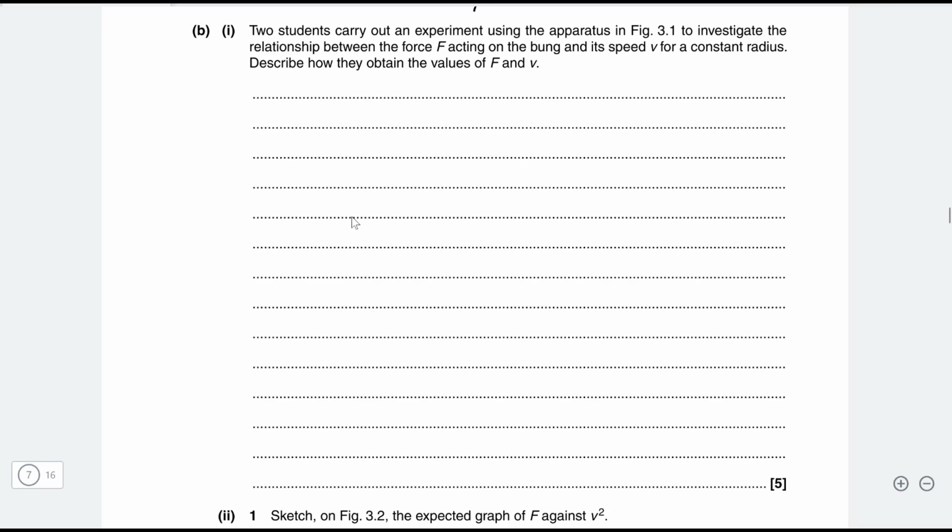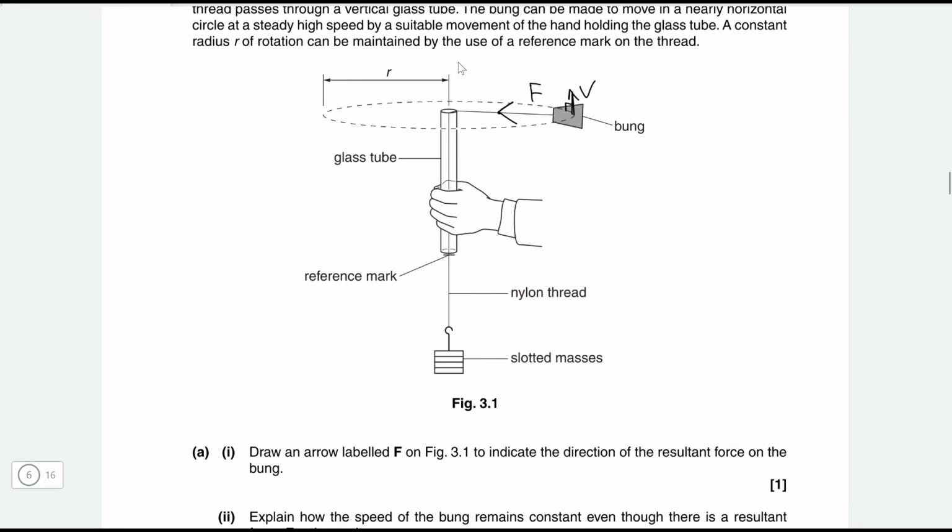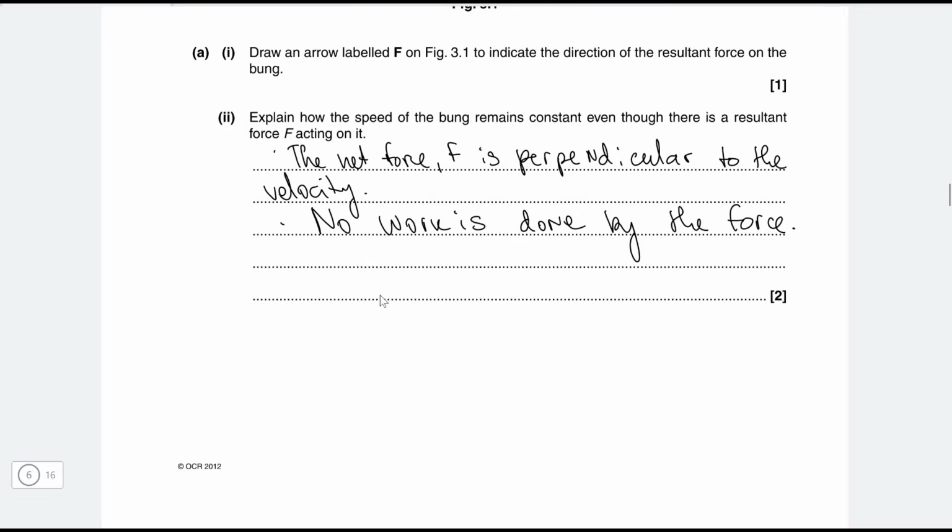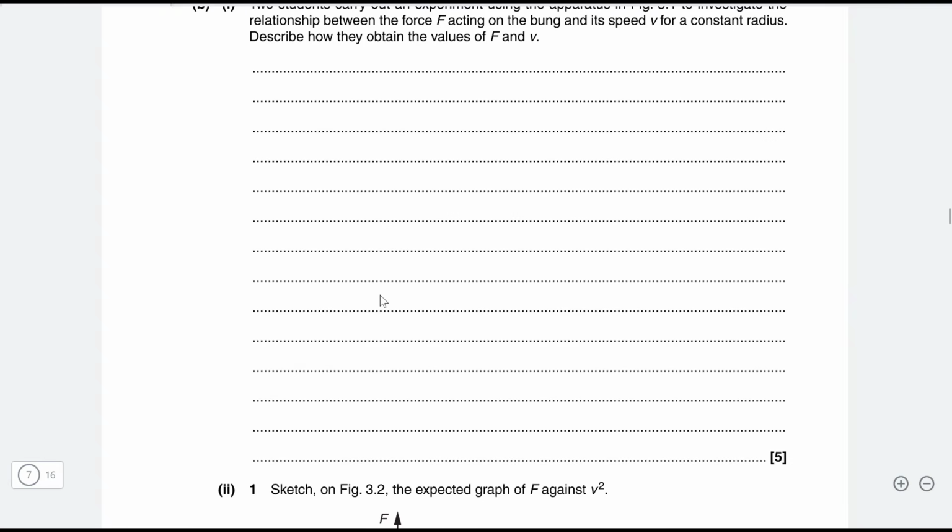Okay, part B, 2 students carry out an experiment using the apparatus to investigate the relationship between the force F and its speed V for a constant radius. They describe how they obtain the values of F and V. Now, the way to go about this experiment is, first of all, to keep the radius constant. One way of doing that is by keeping a reference mark at exactly the same position within the tube. So I'm just going to mention that.